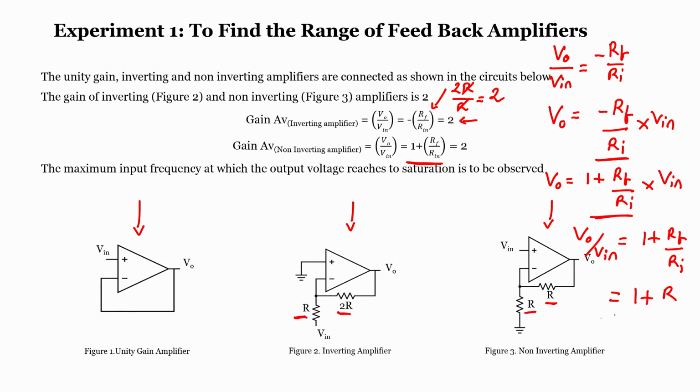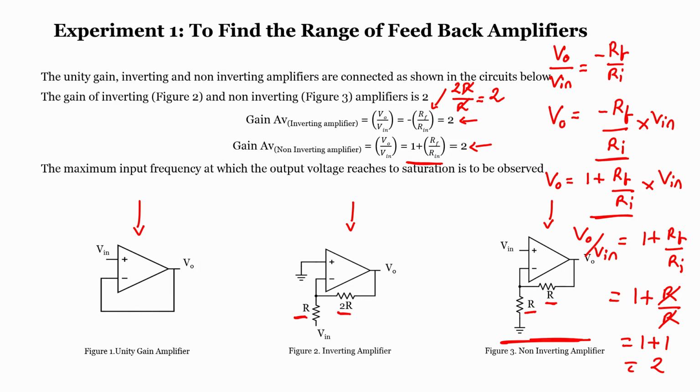R. In this particular circuit, what is RF? R. What is Rin? R. So, R cancels, that is 1 plus 1, which equals 2. So, here also we have 2. Thus, the gain of the inverting and non-inverting amplifiers for the circuits shown is the same.